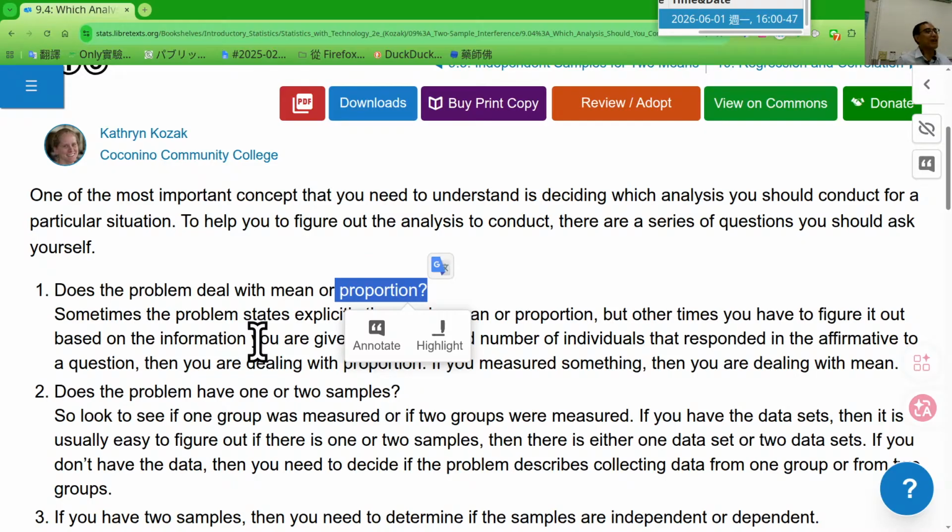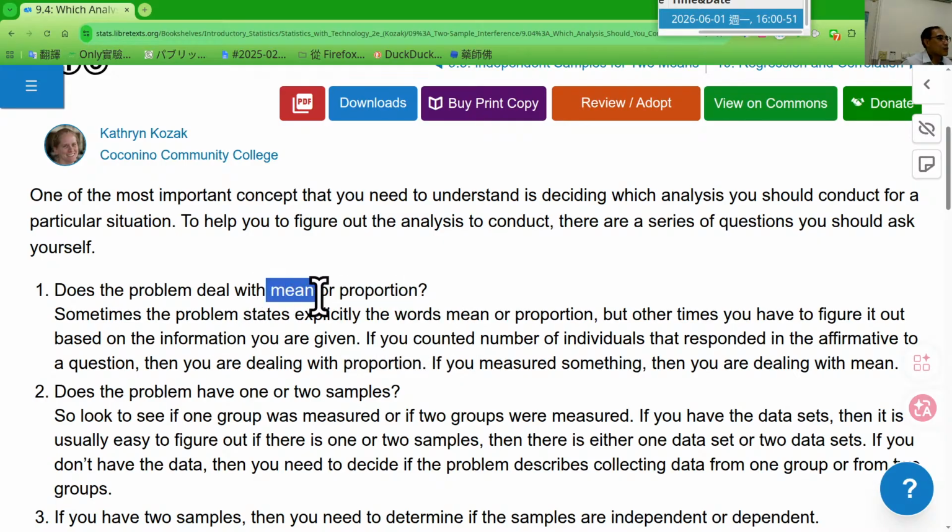You have a car or you don't have a car. It's called proportion. And how about the mean? What's the height, body weight? We all have body weight, maybe 60 kilograms, maybe 62.5 kilograms, maybe 80.2 kilograms. So we can get a mean.